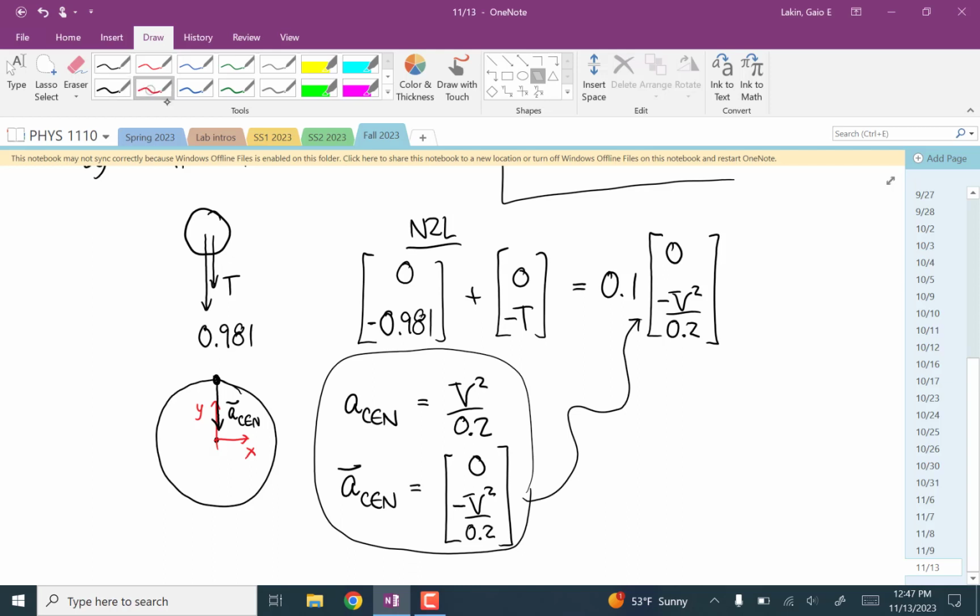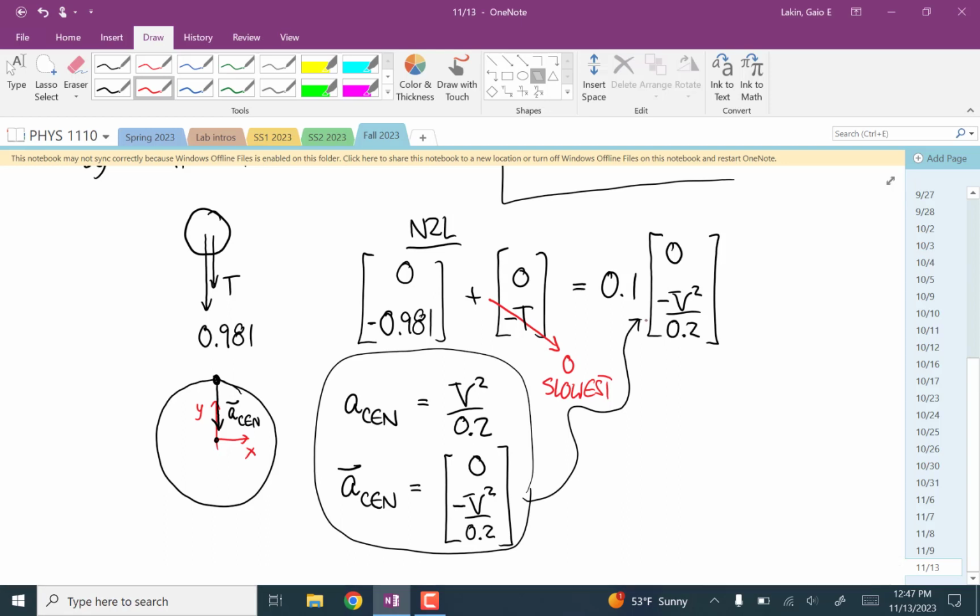What we said is that we're going to find the speed that makes that T equal to 0. Okay, so that's the slowest that it can go without falling out of that circular path.